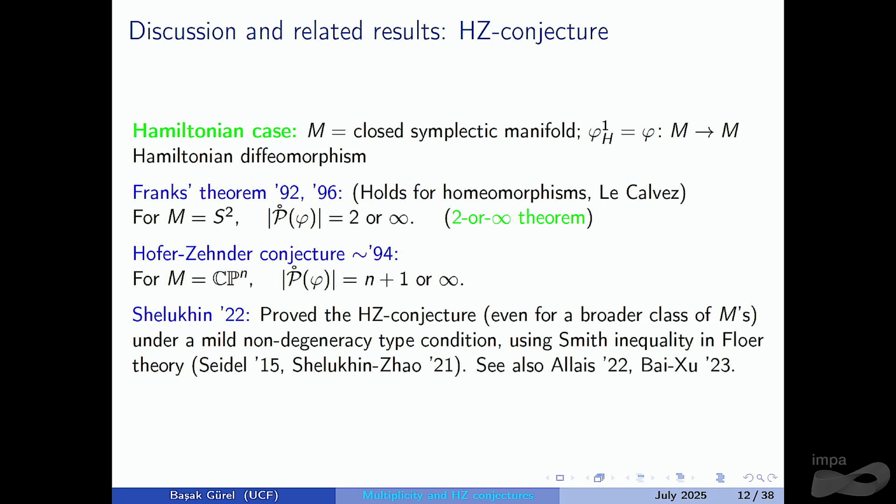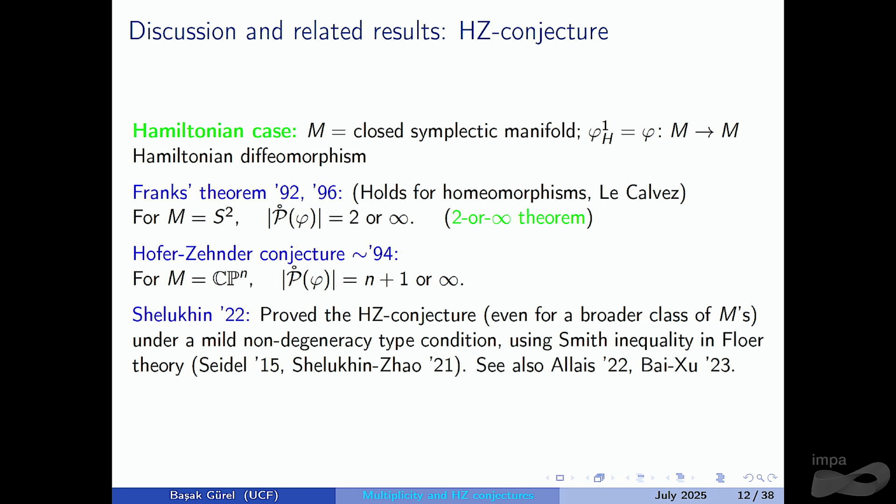What's known as the 2-or-infinity theorem. And then there was the conjecture in Hofer-Zehnder's book for CPn that this number is n plus 1 or infinity. Of course, the lower bound coming from Arnold's conjecture.